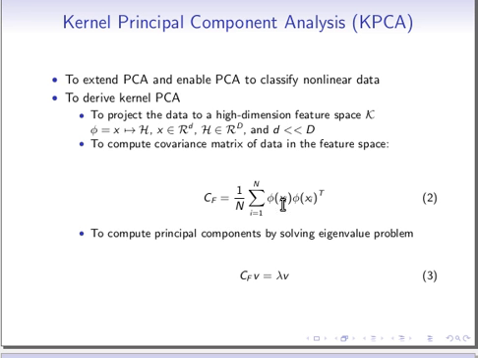It is the product of x and x transpose divided by n. This equation is similar to the covariance equation used in PCA. Second, I want to compute the principal components by solving this eigenvalue problem. C_F is the covariance matrix of the data in the feature space, V is the eigenvector, and lambda is the eigenvalue.